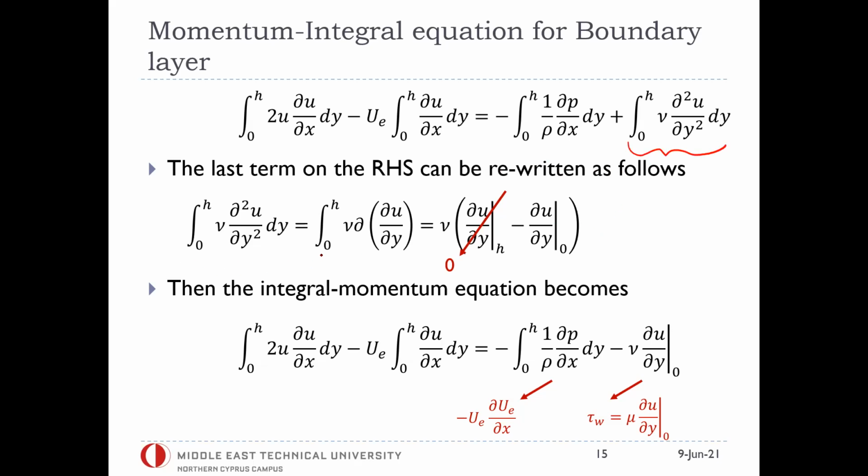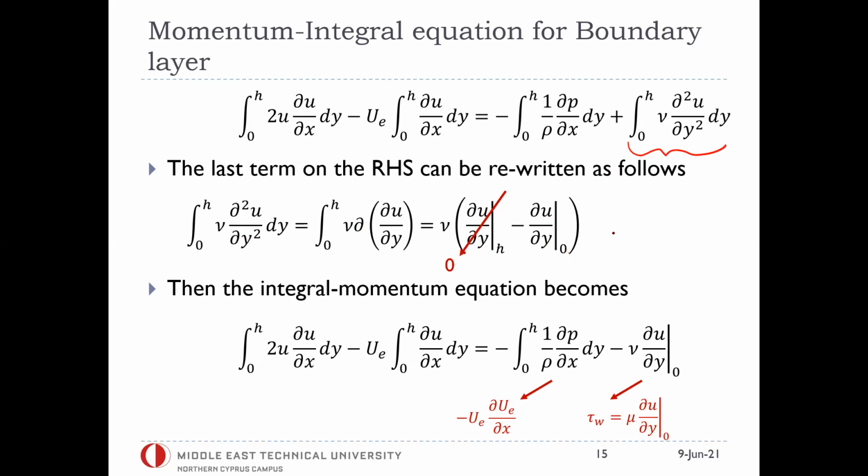Writing this as v times d/dy of du/dy, that must be integrated. The thing is, du/dy is the velocity gradient outside the boundary layer, at h, and the velocity gradient at the wall, at 0.